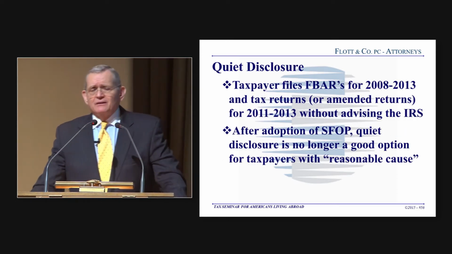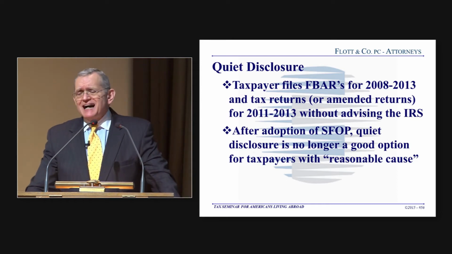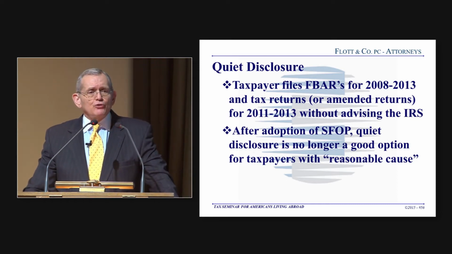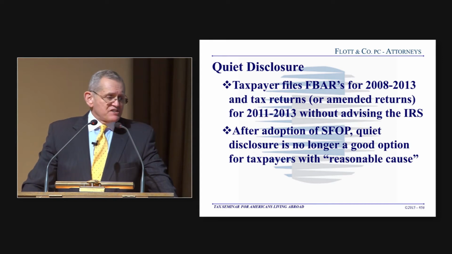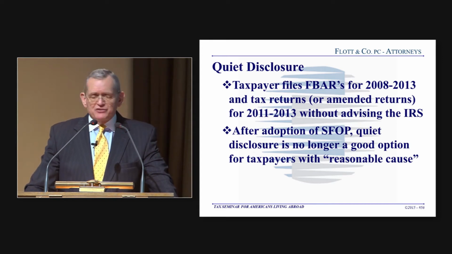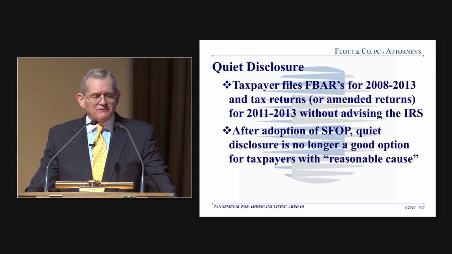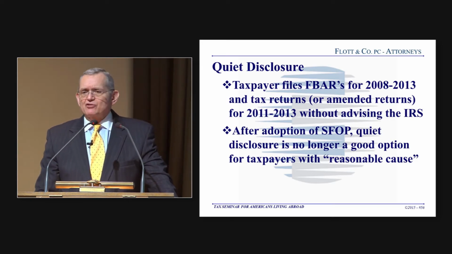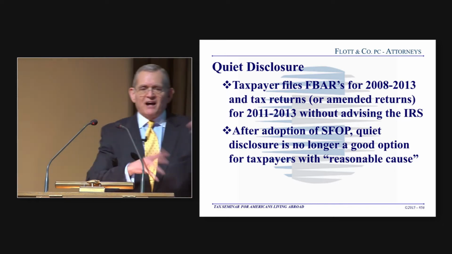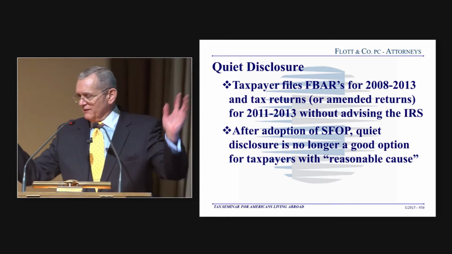The other option that has existed for some time is something called quiet disclosure. There, the taxpayer would file FBARs for 2008 through 13 and tax returns or amended returns for 2011 through 13 without actually advising the IRS. You just simply file them in the normal course. They go in the mill, they get processed.